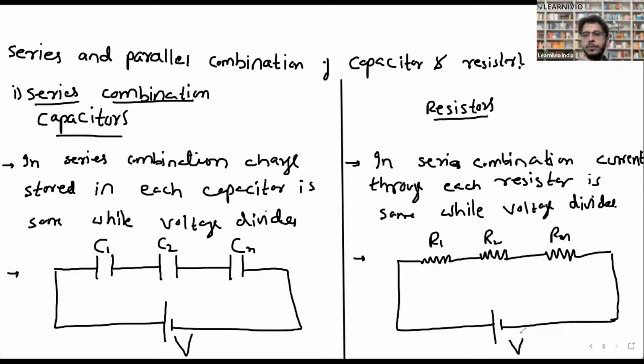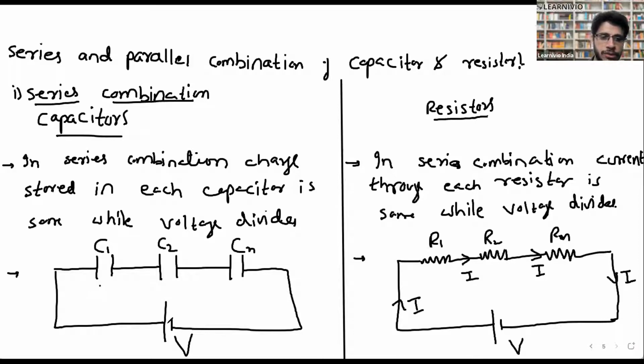See the difference between both the circuits. In this circuit, current flows, which means charge is in motion. Current is just flow of charge. There is no branching, so same current will flow through all resistors. But when we do circuits of capacitor, charge does not flow here. Charge gets stored in each capacitor.